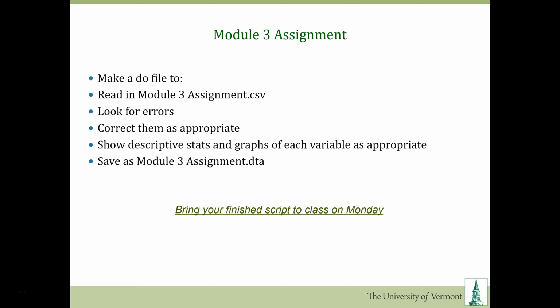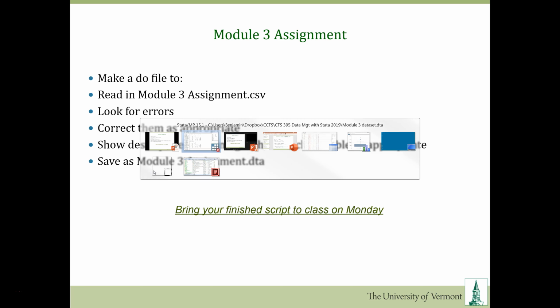Show descriptive statistics and graphs of each variable as appropriate, and save your new data set as module 3 assignment.dta. And then you'll bring your finished script to class on Monday. So I just want to spend a few last moments showing you how to build up such a script.